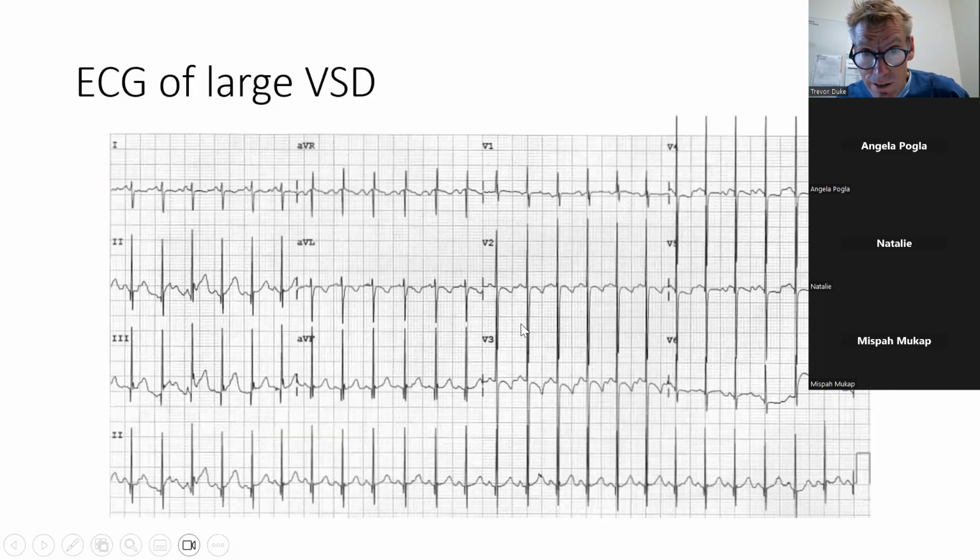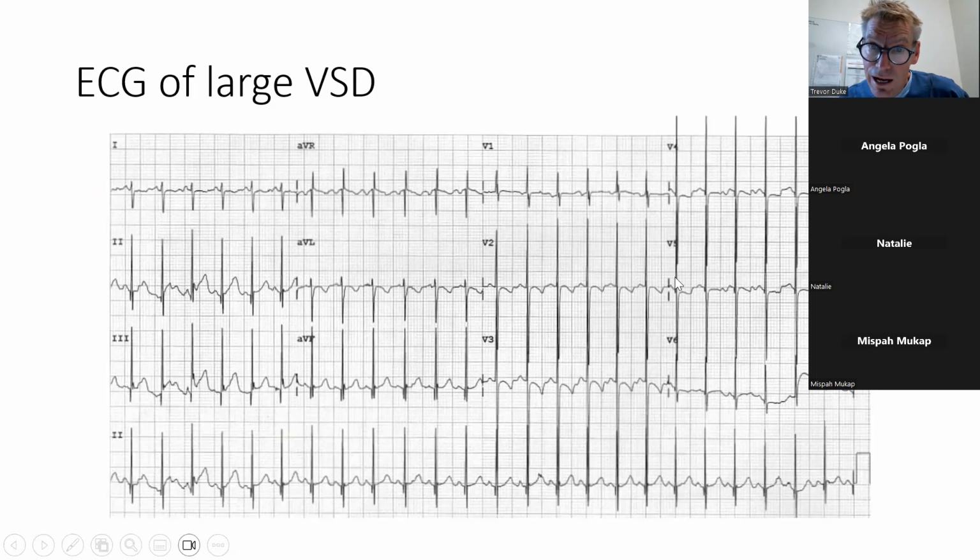If we look for evidence of left ventricular hypertrophy, then the R wave is 5, 10, 15, 20, 25, 28 up, and 5, 10, 15, 20, 28 up here.